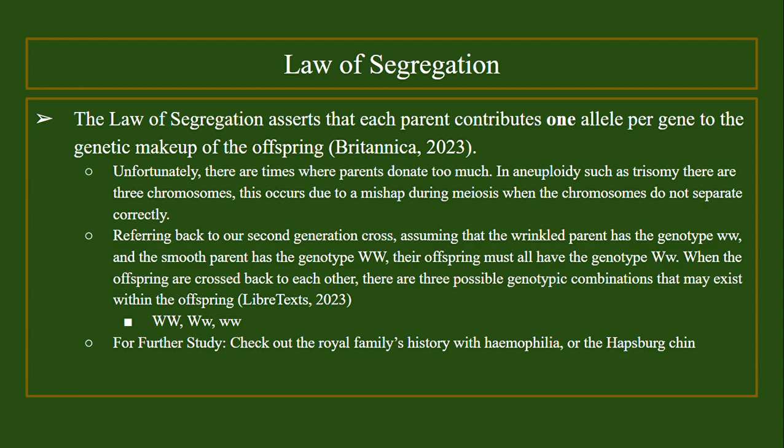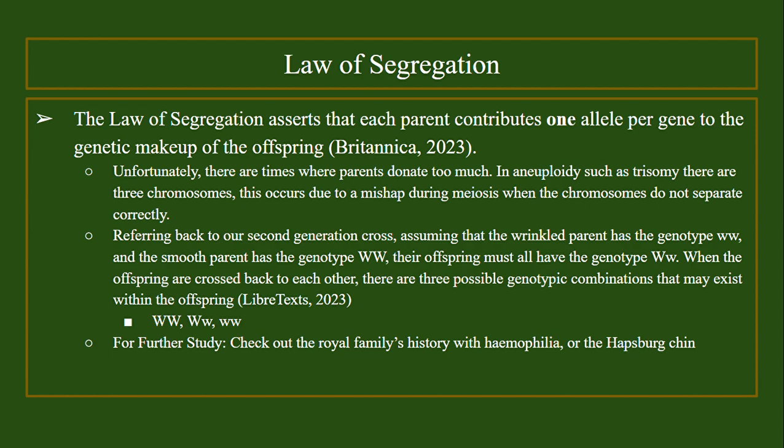Now, if we refer back to our second generation cross from the last slide, assuming that the wrinkled parent has the genotype little w, little w, and the smooth parent has the genotype big W, big W, when we cross those two, all of their offspring must have the genotype big W, little w, because each parent can only give one allele.